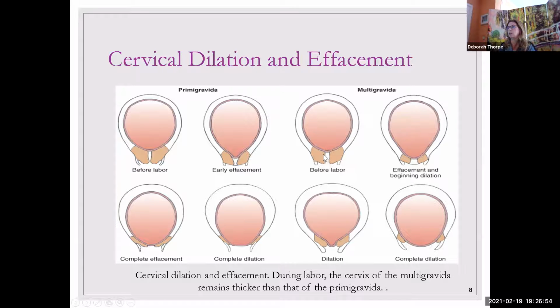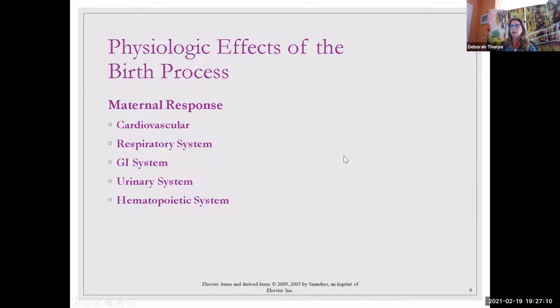It'll start out where she might feel 1 to 2, maybe 50% effaced to start out. And then typically the labor goes faster for the multip. So there are different physiologic responses to labor.